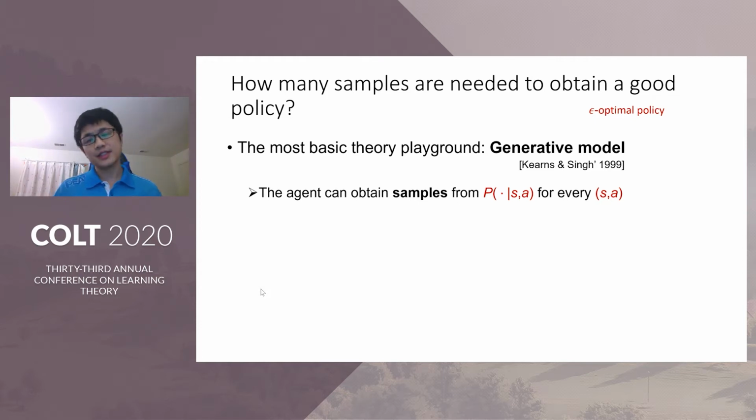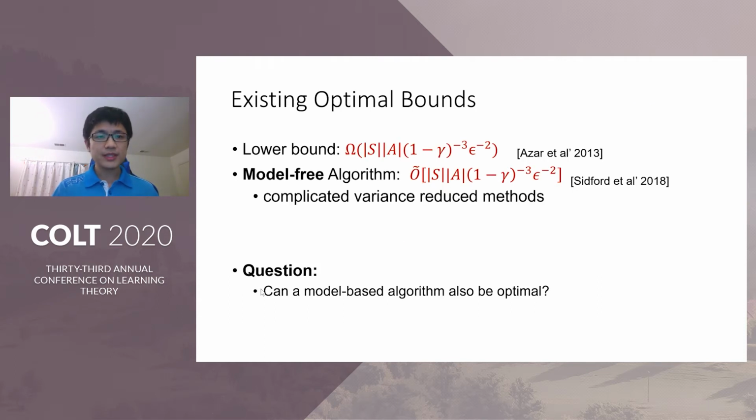In order to answer this question, we consider the very basic setting called the generative model, first proposed by Kearns and Singh. This generative model basically gets rid of the subtlety of exploration. It considers the setting where the agent can obtain samples from any state action pair, and then we use those samples to compute a good policy. For this particular setting, there are already a lot of existing results and bounds.